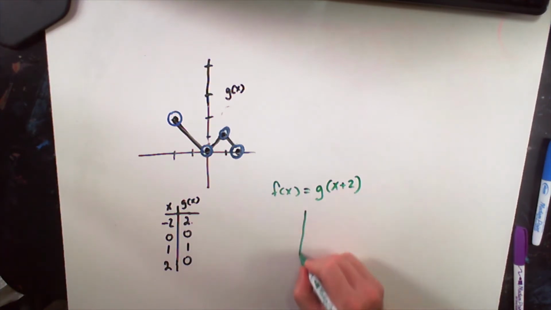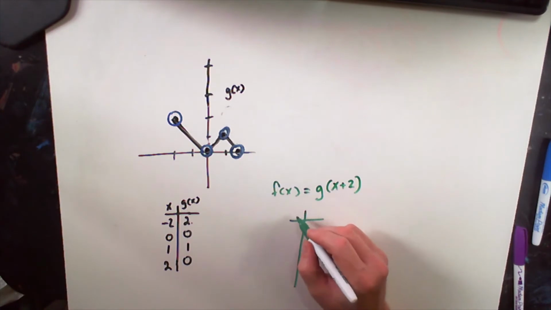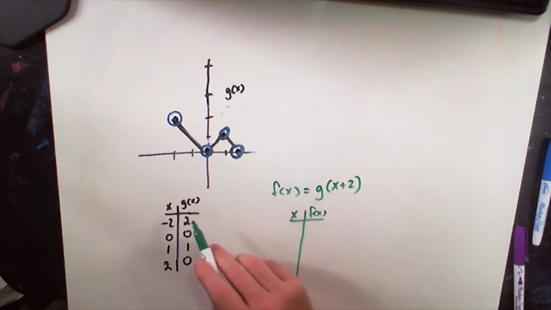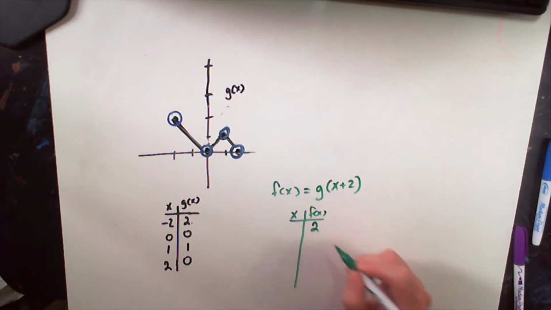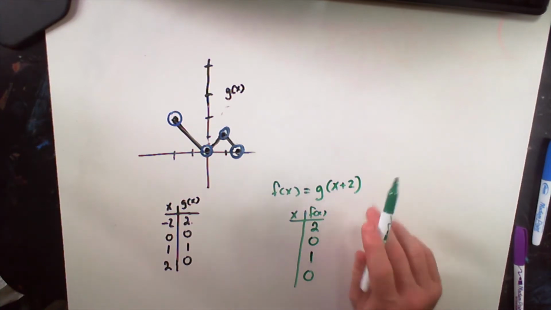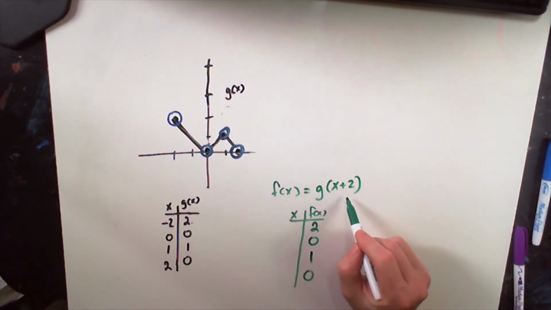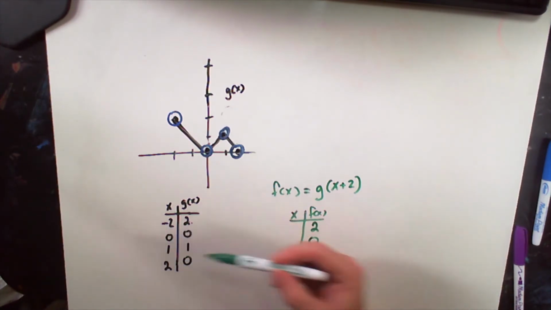So in this case our y values, or our f of x values, they're going to be the same as they were over there. So I've got 2, 0, 1, and 0. Our x values are going to be shifted to the left 2, right? Remember, adding 2 shifts to the left 2.